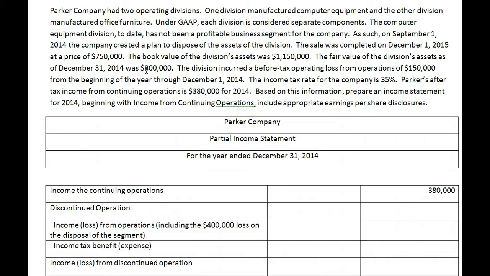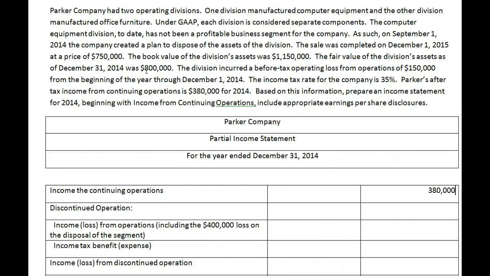So if the assets are held for sale, in other words, you've discontinued the segment in a year, but you have not yet sold that segment, so that segment of business is held for sale, at the end of the period, you have to check for an impairment loss. So you have to look at the book value of your assets and compare that with their fair value to see if they're impaired. In this case, they are impaired.